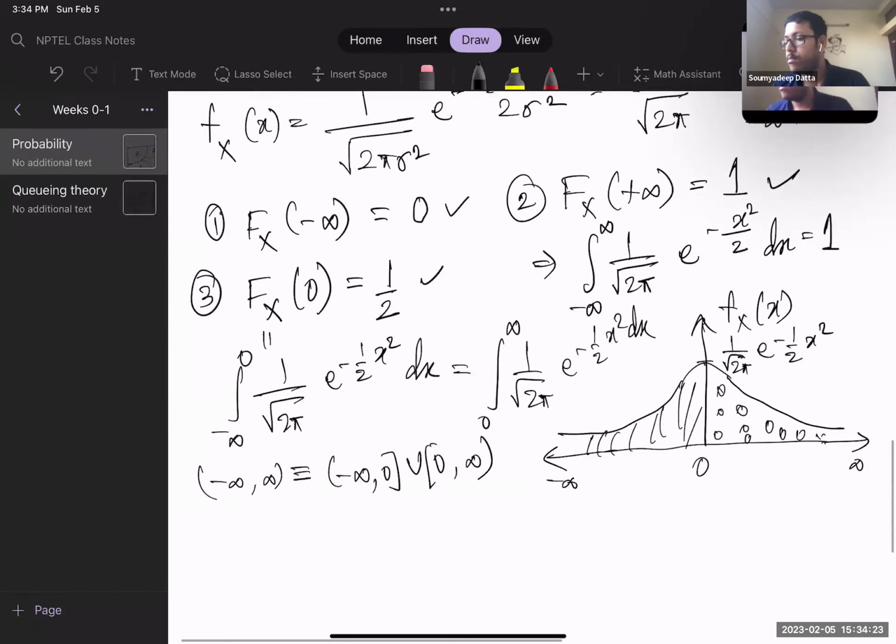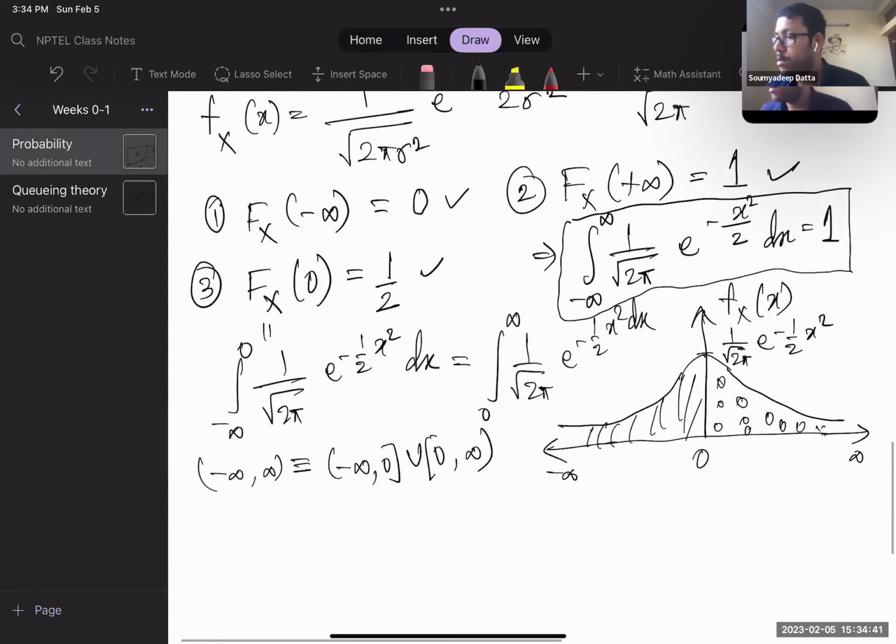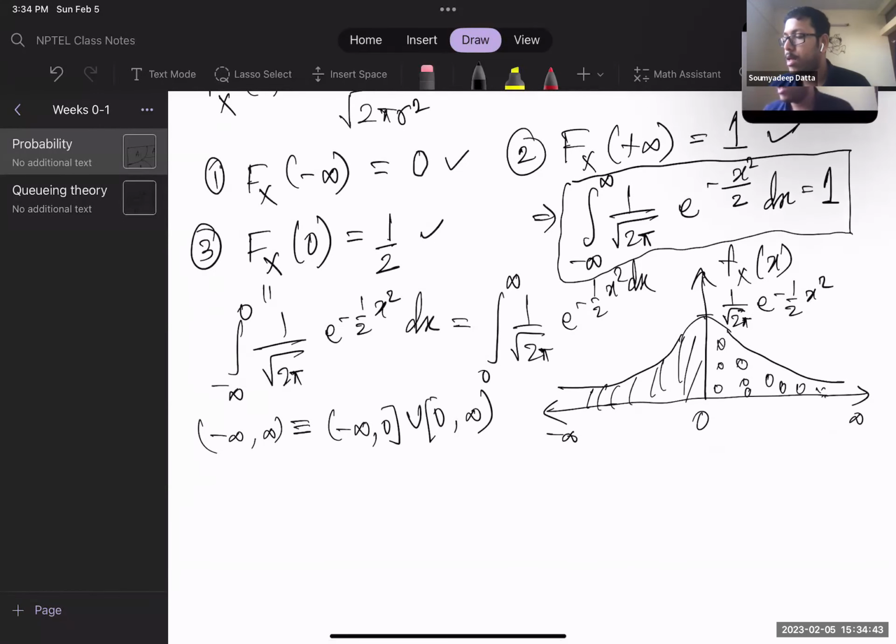So these two probabilities added up will give you 1, because the integration from minus infinity to infinity is known to be 1. Individually, each of these quantities is half, because they are equal and add up to 1.